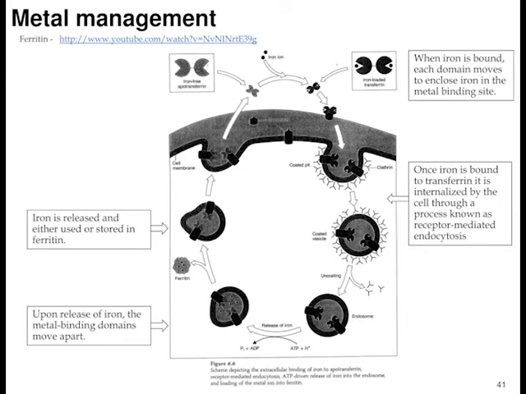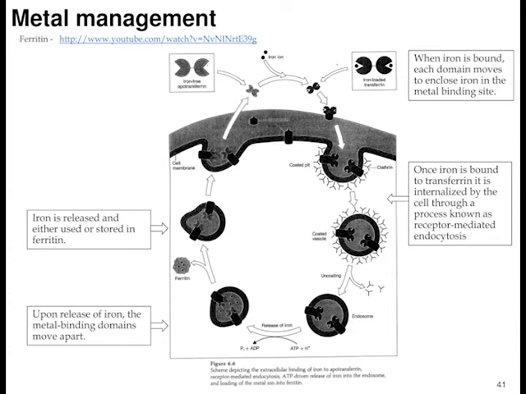The iron that is released will come out from this vesicle to form ferritin, or it can be used for DNA replication or hemoglobin synthesis. And then by another process, exocytosis, the apotransferrin will be recycled. So this is how iron 3 plus is being transported into the cell, either to be stored or to be utilized. Okay?